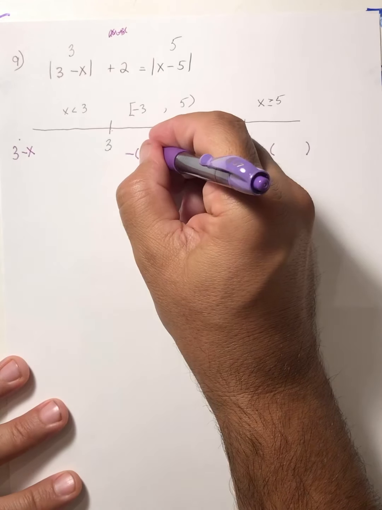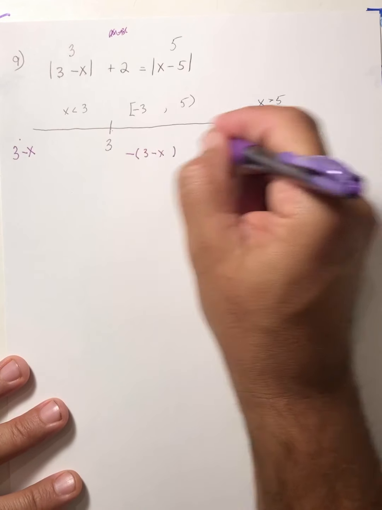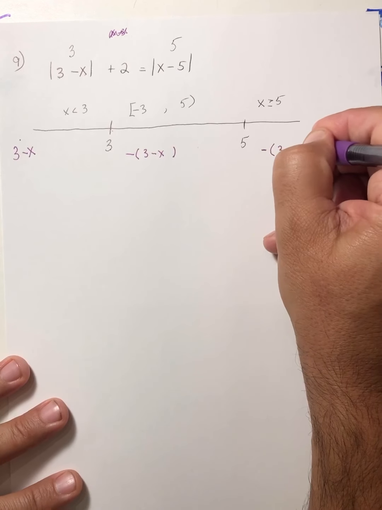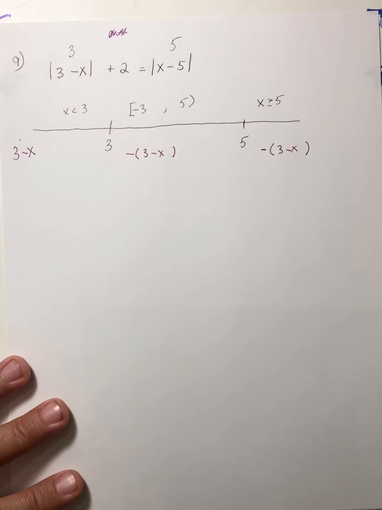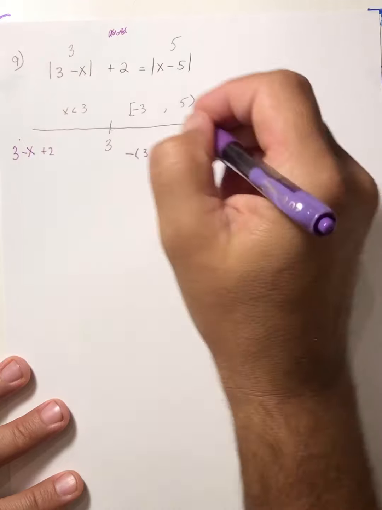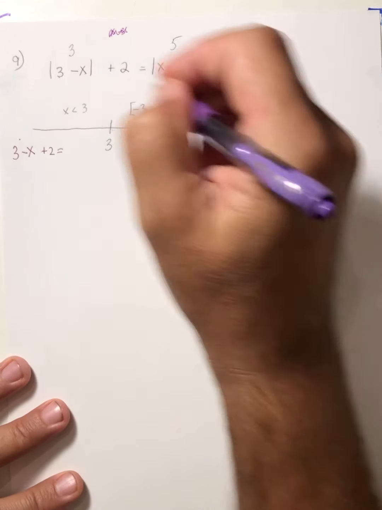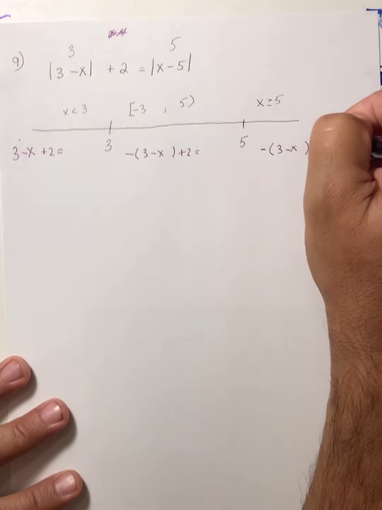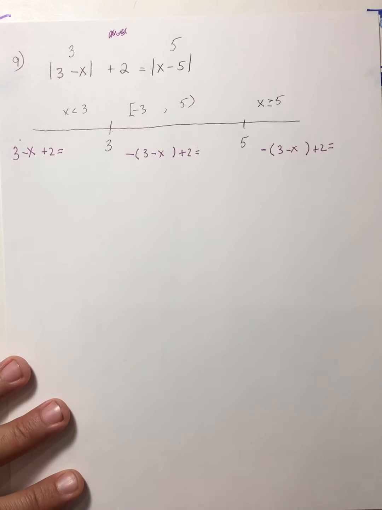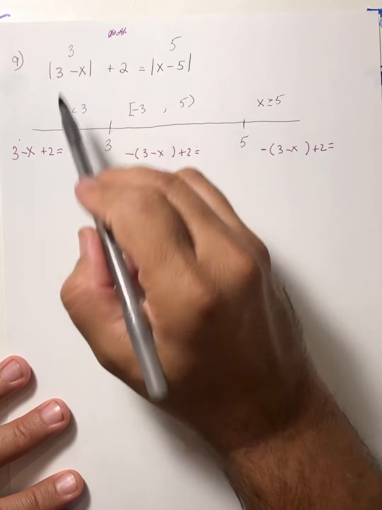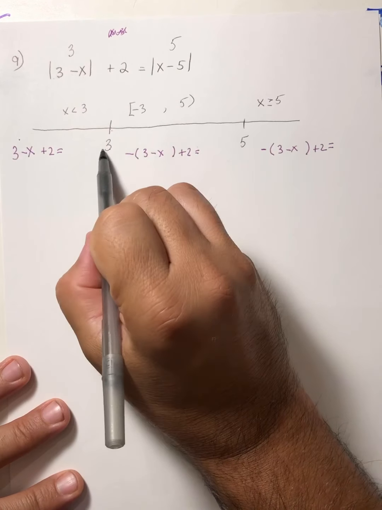All right, so let me get this established in here. Here's my plus 2, plus 2, plus 2. Here's my equal sign, and my equal sign. So we just established that because this is written backwards, you have to be very, very careful.